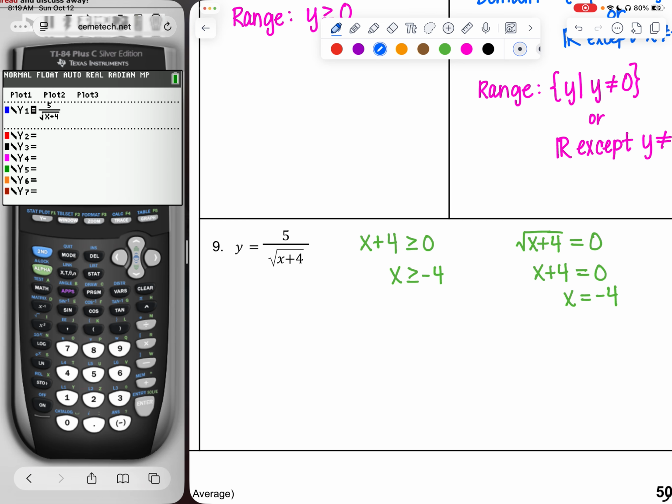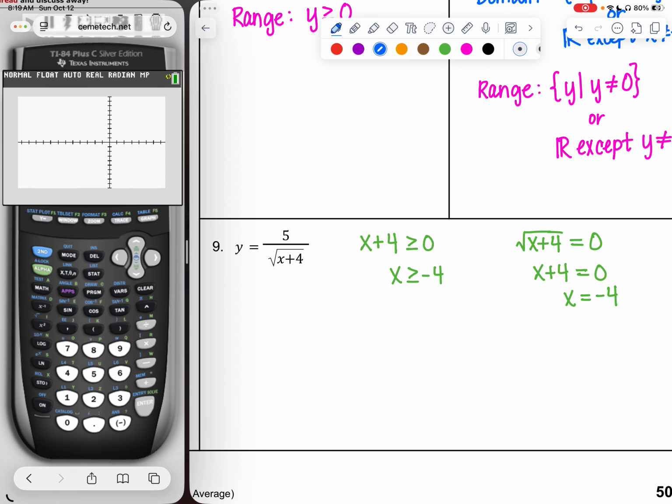So when I look at my domain, and I also can look at this graph as well, I know that my domain has to be, remember, you can also look at the table. So if I look at this graph, I see where x is negative 4, and it can be anything higher than that.